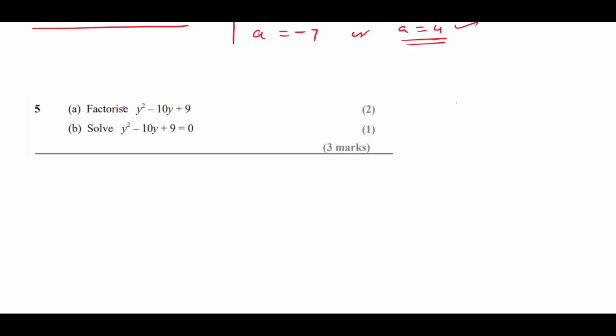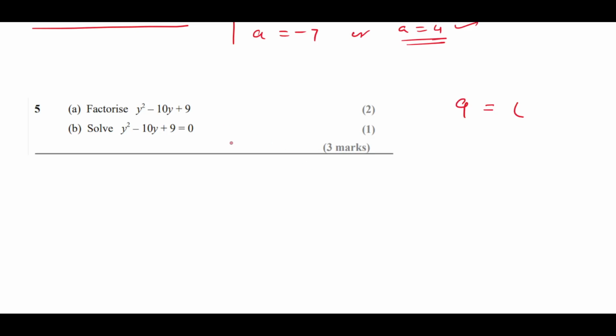Now here if I multiply the coefficient of y square and the constant term, I will get 9. Now I have to find the factors of 9 so that the addition is going to be -10. Now 9 is positive, so its two factors either both are positive or both are negative.